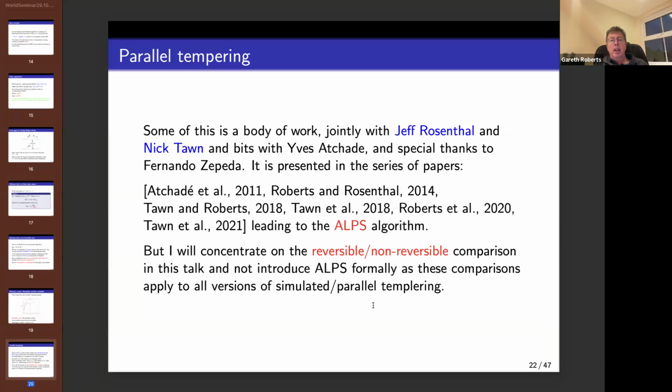We've been working on a methodology which we call the ALPS algorithm, which I won't be describing in this talk because I'm going to be concentrating on other aspects. But everything I'm talking about here you can apply directly to other forms of parallel and simulated tempering, whereas I'm just going to be describing the vanilla versions of the algorithms.